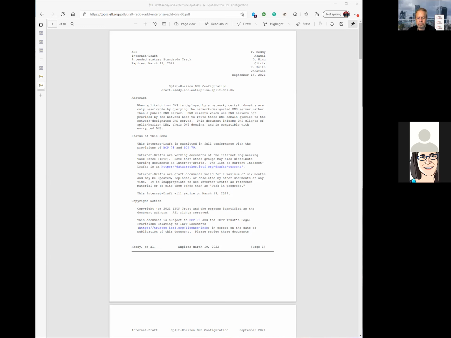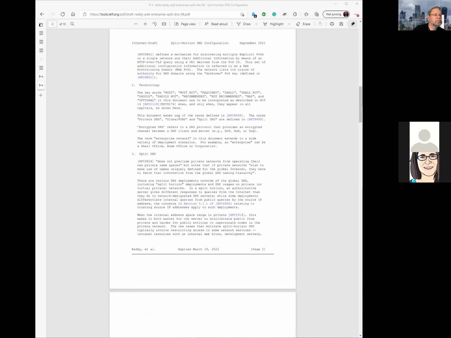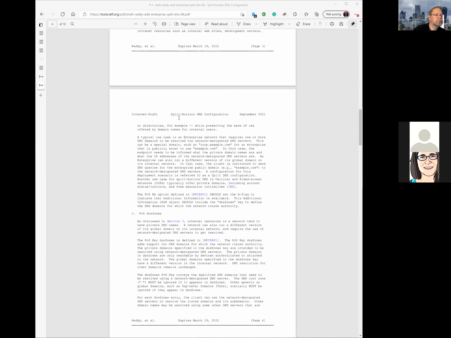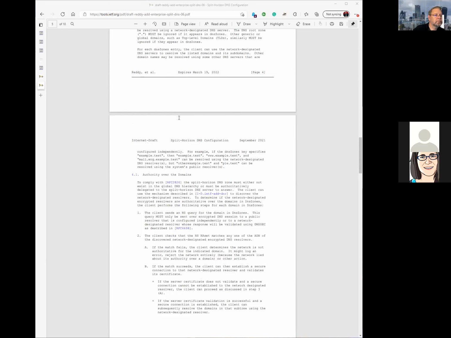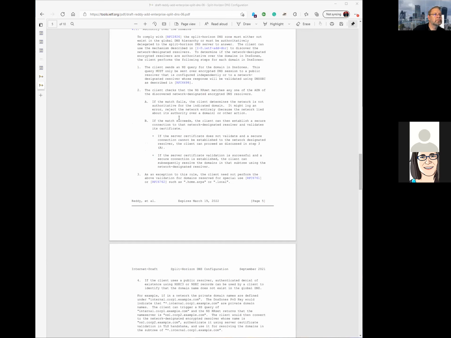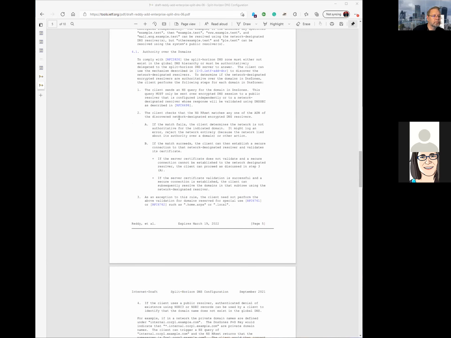So for that reason, what we did was basically, if Andrew can move to section 4.1, it talks about a mechanism where the client has to probe the network. Basically, it has already an existing relationship where it's talking to a public resolver, reaches to the public resolver, does an NS lookup to find out what the name servers are, and gets those name servers.